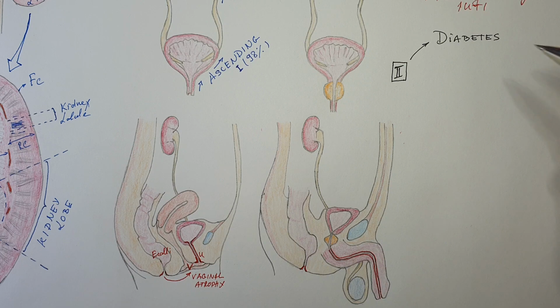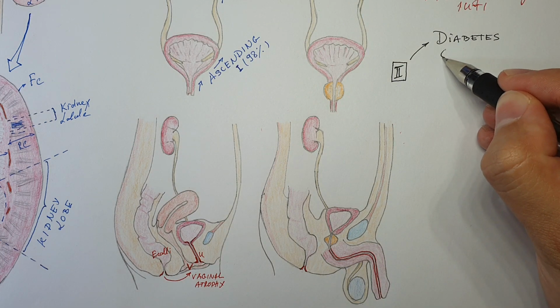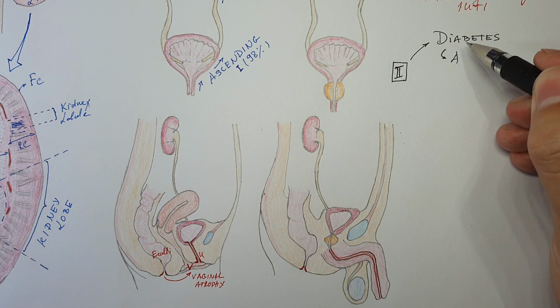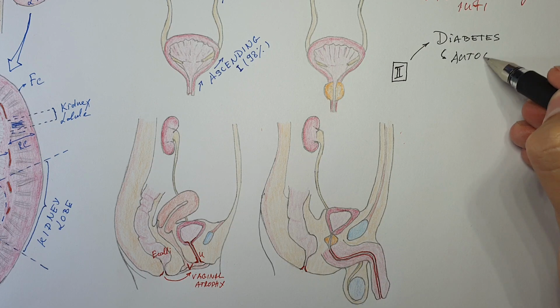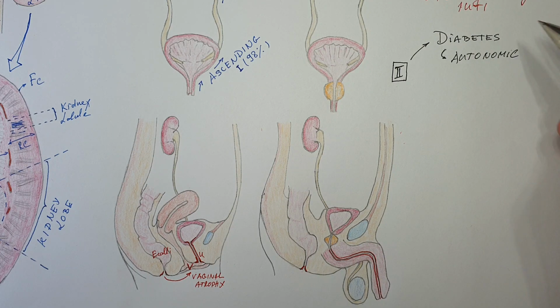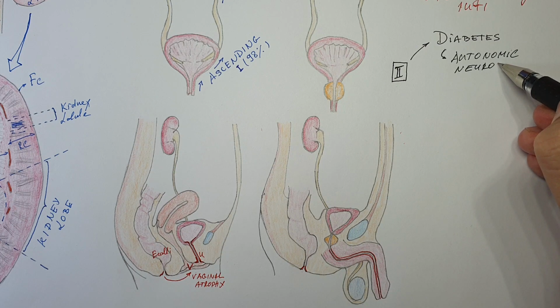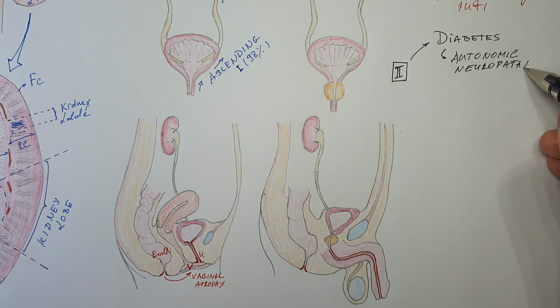The second important thing is that diabetes also damages our nerves and causes something called autonomic neuropathy.